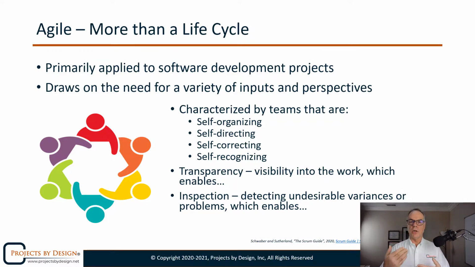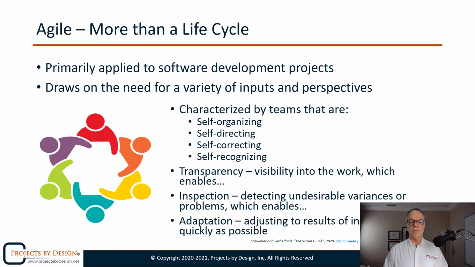In other words, we're learning as we go, and as we go, we're seeing what works and what doesn't work, a lot of experimentation and things like that, so that inspection can enable adaptation, to make sure we are delivering the right thing at the right time in the right way, in control as a project delivery team. It's adjusting to results of inspection as quickly as possible.